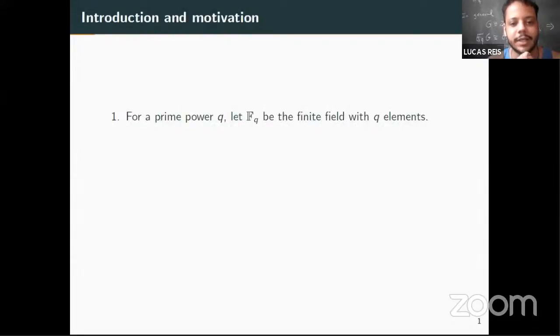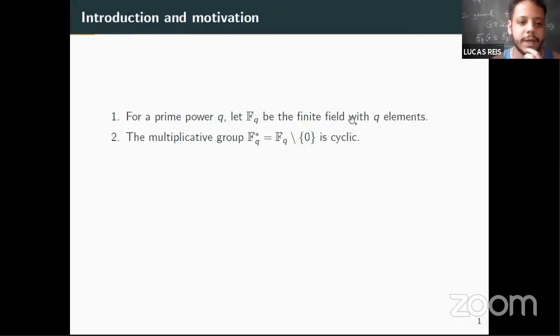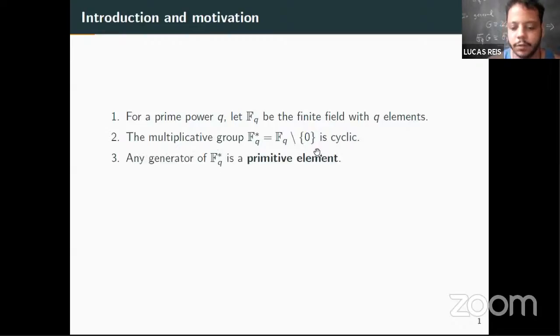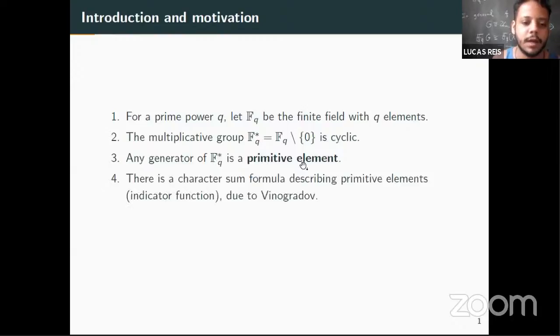Just to start, we fix some notation for a prime power Q. FQ is the finite field with Q elements. FQ star is cyclic, right? The multiplicative group is cyclic. Everyone knows that. And any generator of this cyclic group is called a primitive element.